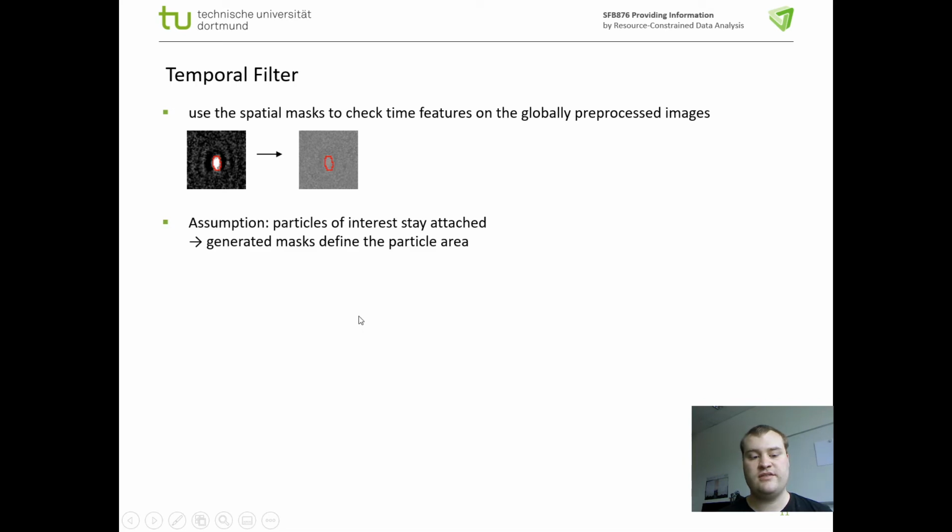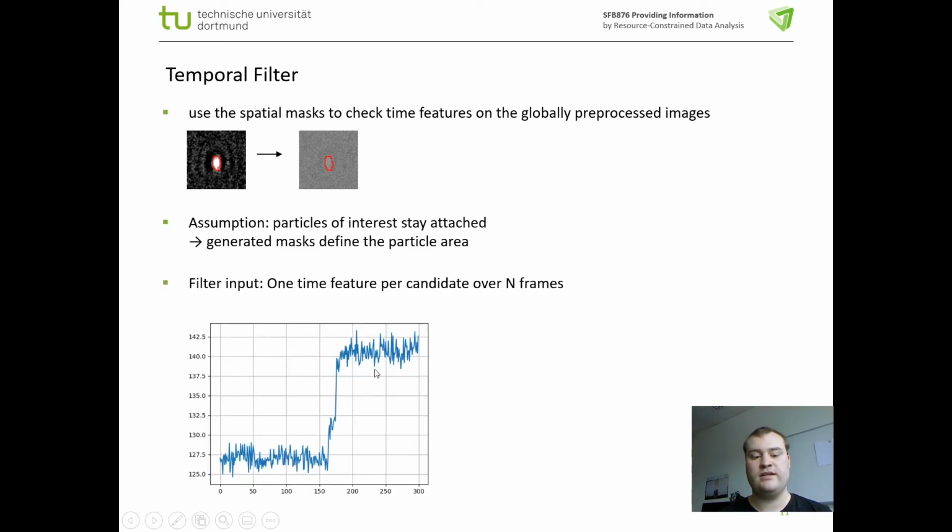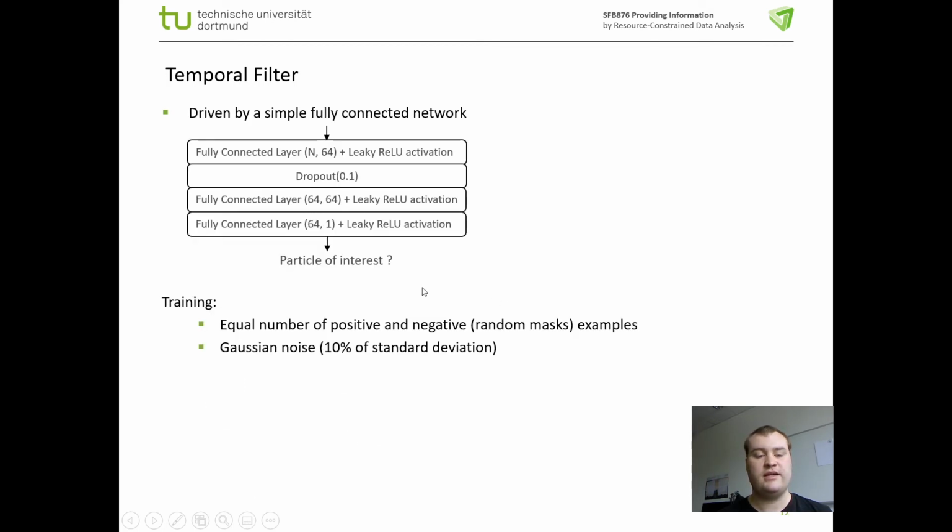As the assumption is that the particles of interest stay attached, we can extract such a curve, and we see that such a curve belongs to a particle. We take n frames from this graph around a particle candidate and analyze it in a temporal filter network.